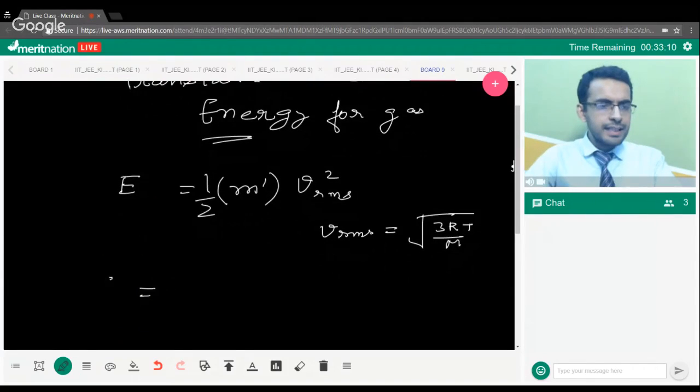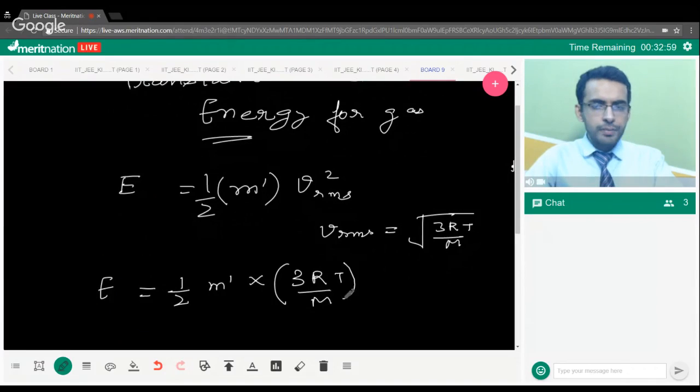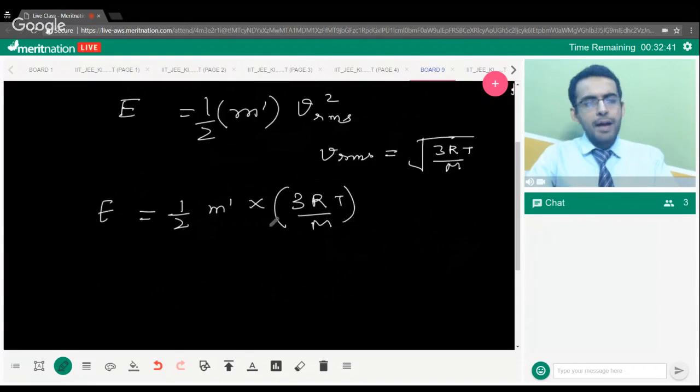So we can say E is equal to 1 by 2 m dash into 3RT over capital M. Basically, we take RMS speed in the calculation of average translational energy.